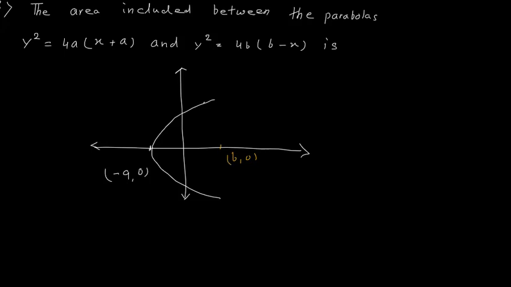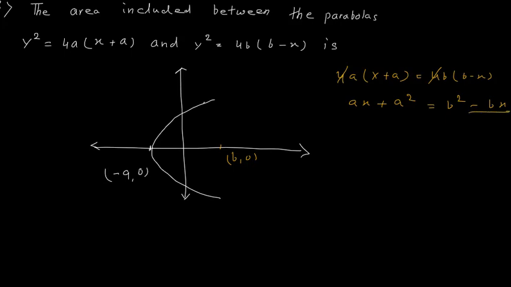Now where they are intersecting, for that we have to equate these two equations. So 4a(x + a) = 4b(b - x). Now this 4 will cancel, and we find the value of x which satisfies this equation. So ax + a² = b² - bx.